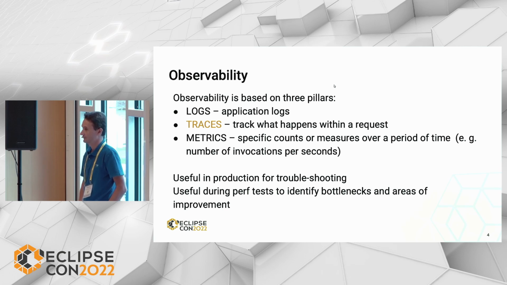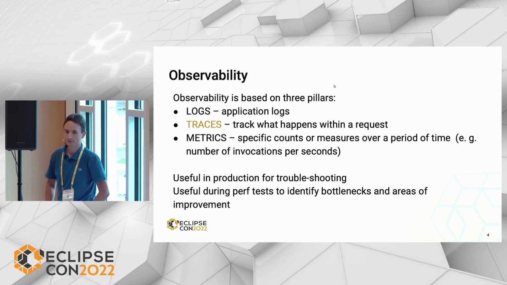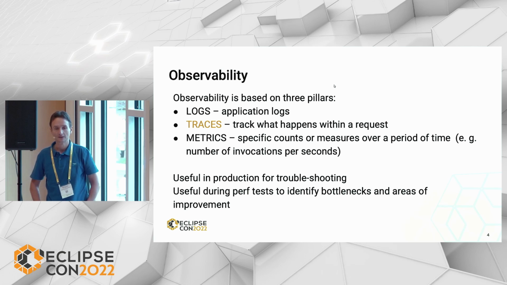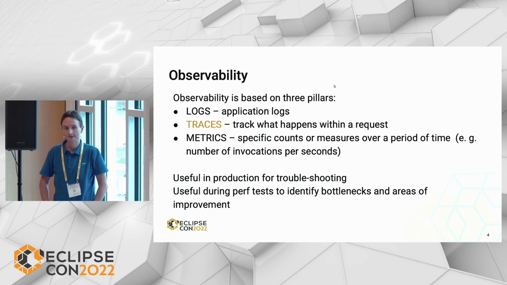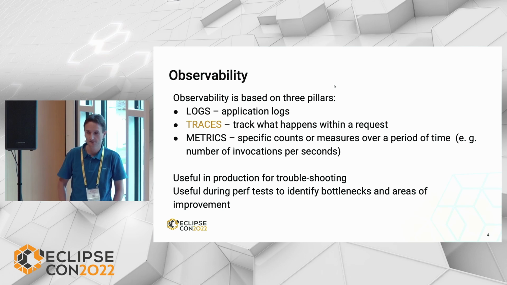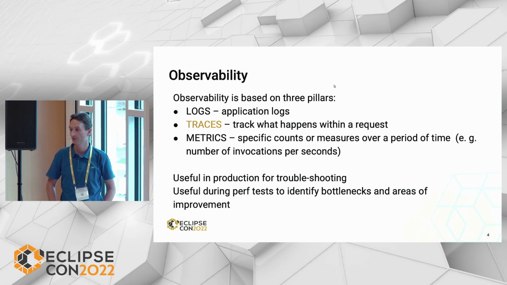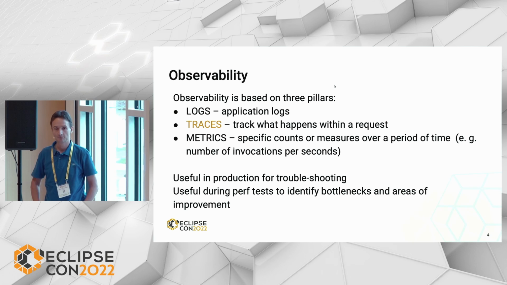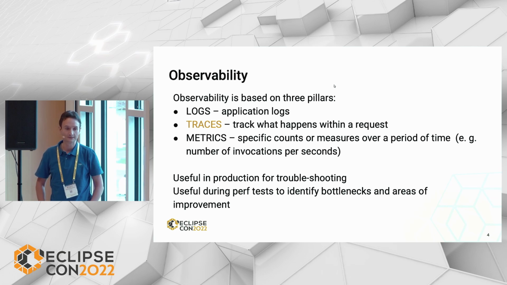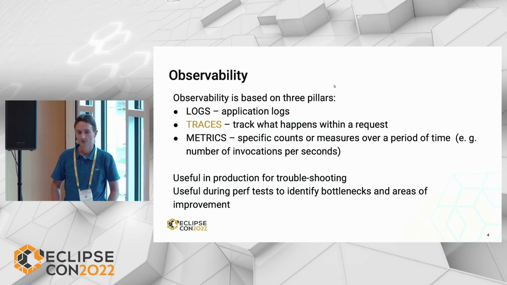But if you have the good practice, for example, of performing performance tests of your application in your development environment, then you will find out that good traces are very helpful there as well. They allow you to identify bottlenecks and areas of improvement. In the past, we sometimes used profilers to diagnose certain issues; by using OpenTelemetry, we don't need this anymore.